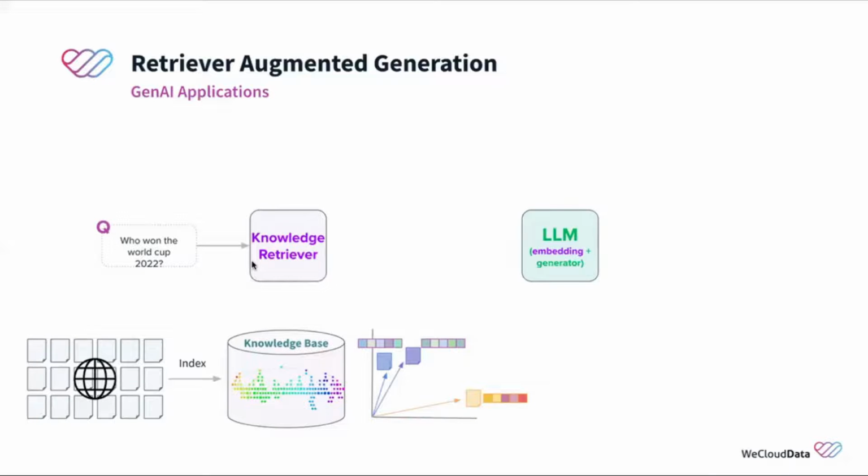You send that to a knowledge retriever, but the first thing it does is, well, it doesn't understand the question. So you have to use a large language model to generate the embedding. So it has some sort of semantic meaning, right? So you're going to send this to an LLM that does the embedding, but basically converts your question or context into a vector, right? And then it sends it to the knowledge base.